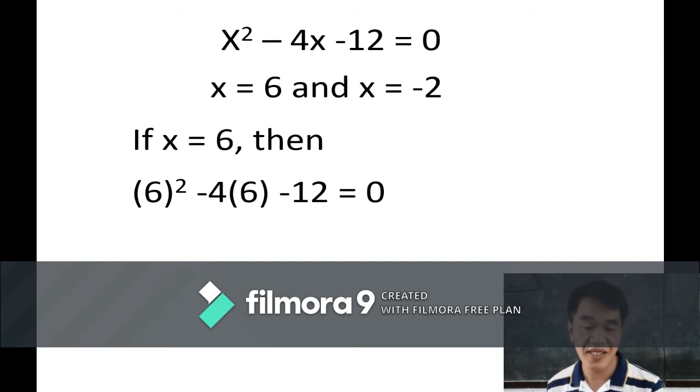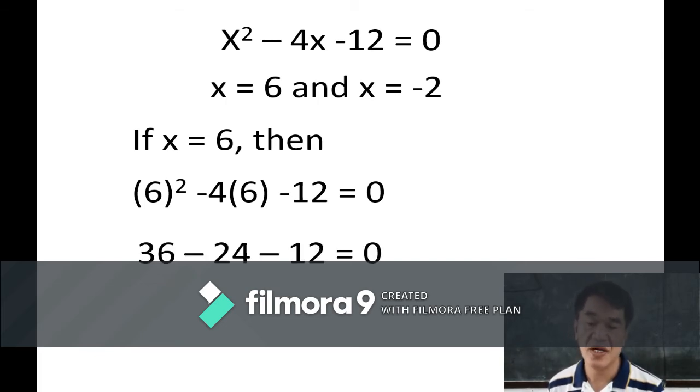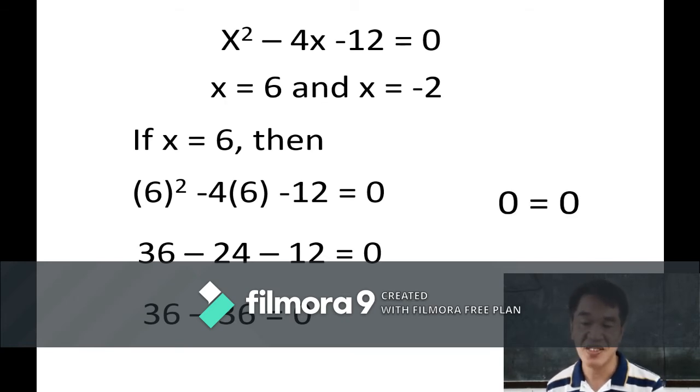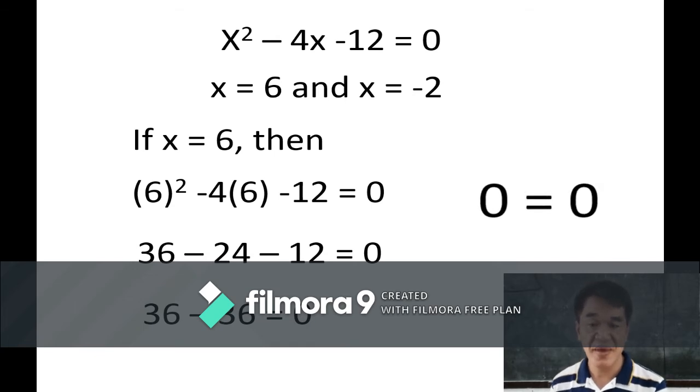So you have 36, minus 24, minus 12 is equal to 0. You have negative 24 and negative 12, both negative, so we combine them together. So you have negative 36 there. So 36 minus 36 is 0. Therefore, 0 is equal to 0. We have proven that the value 6 will make the equation true. Therefore, 6 is a correct value.